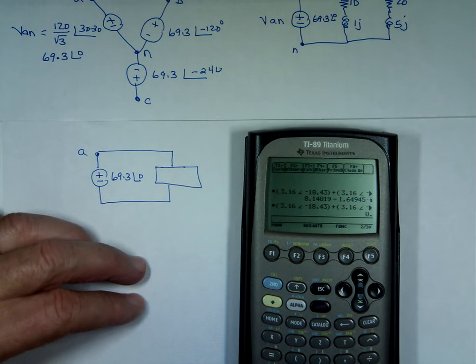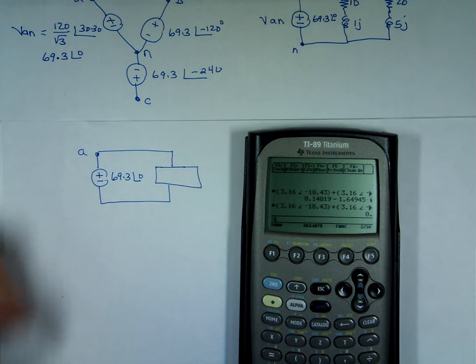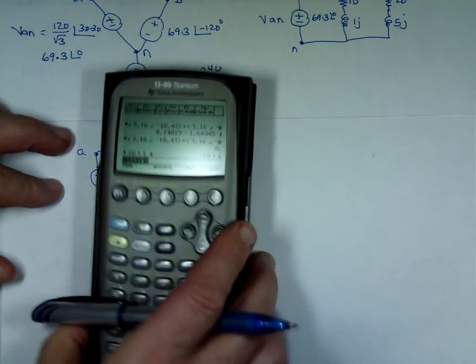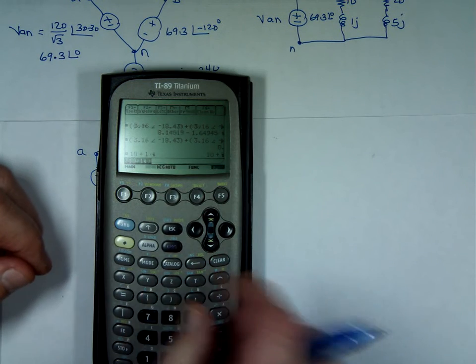I'm just going to write 10 plus 1j. Oh, I'm in rectangular mode, I have to switch it to polar.